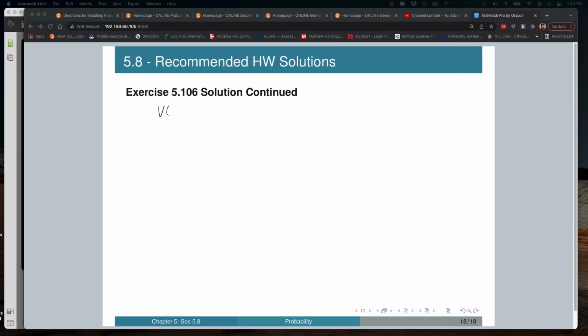So the variance of y sub 2 is just equal to the expected value of y sub 2 squared minus the expected value of y sub 2, quantity squared. The expected value of y sub 2 squared was 3/10. Let me just fix that.